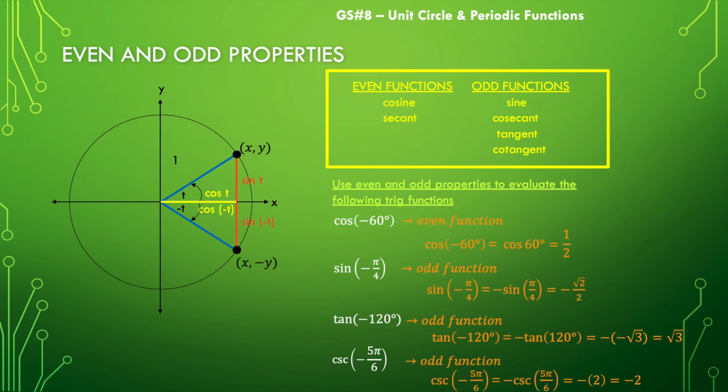And since cosecant is the reciprocal of sine, I'm looking for the reciprocal of sine of 5 pi over 6. Sine of 5 pi over 6 is 1/2. The reciprocal of that will be 2, and then I need to negate that. And so my answer would be negative 2.